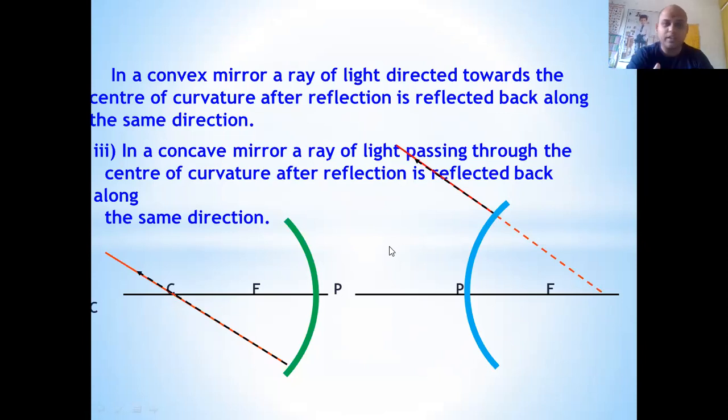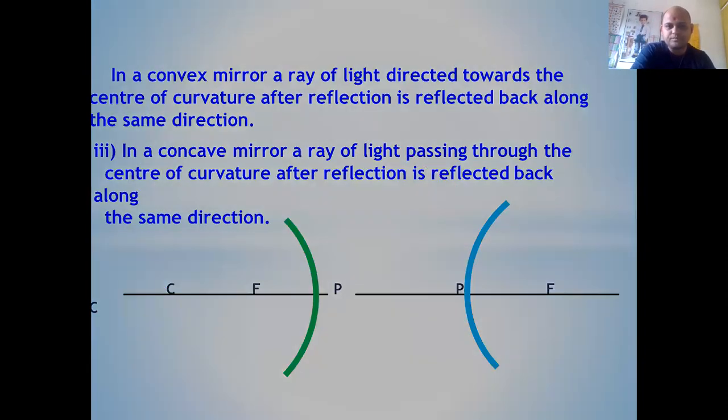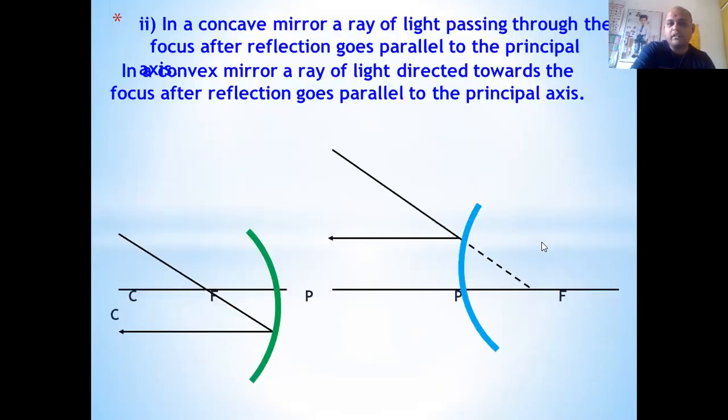So did you understand the small difference between the two, where it was happening earlier? In this one it is the same. When the incident ray is passing through the focus F, the reflected ray will be parallel to the principal axis.